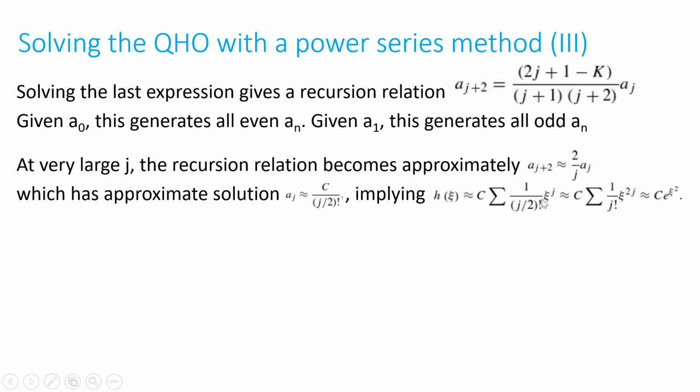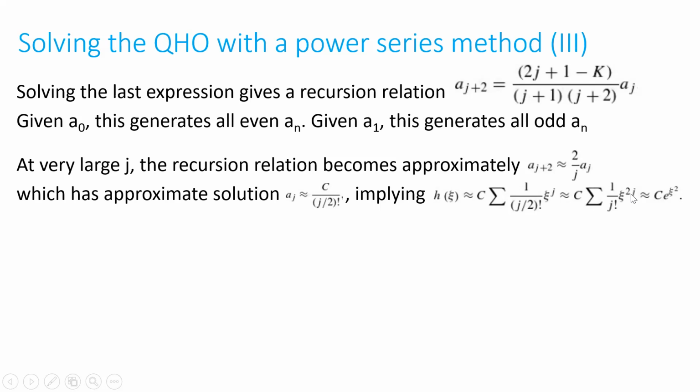Since j is a dummy variable, we can switch and double both of these, using psi to the 2j. And since it's an infinite sum, we just get 1 over j factorial psi to the 2j.